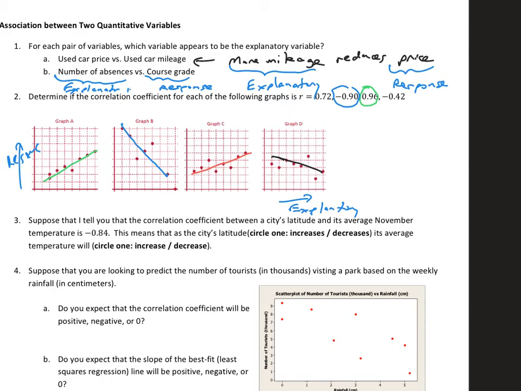So negative 0.42 is going to be that value of R. And notice how when you get to that range of 0.3, 0.4, 0.5, it really doesn't seem like it fits all that well at all. And so that means that 0.72 will be this guy here. The points aren't really close to it, but we definitely have a positive slope.